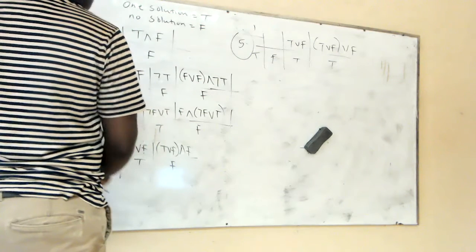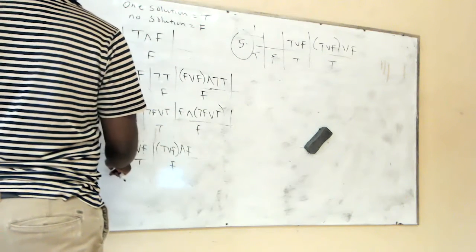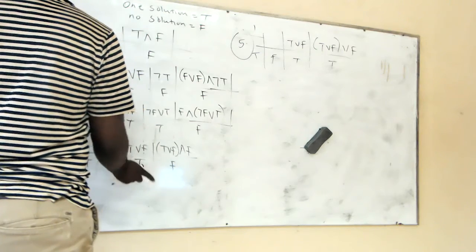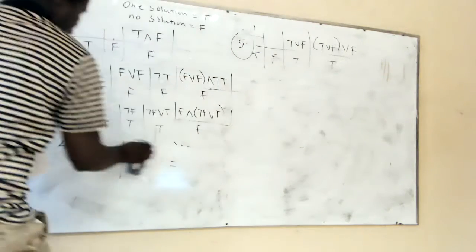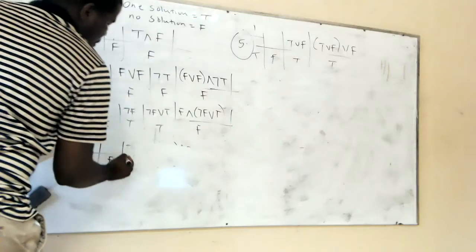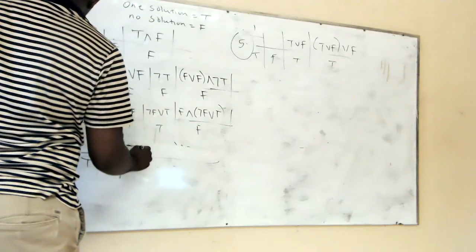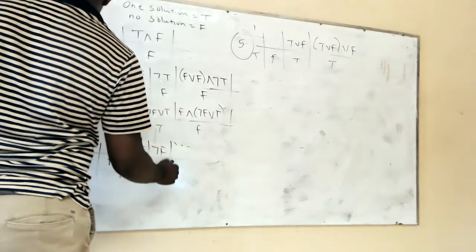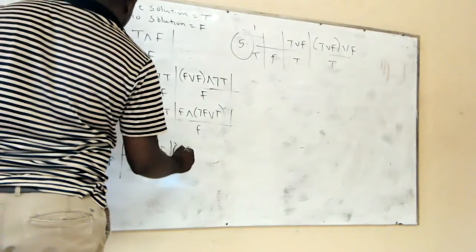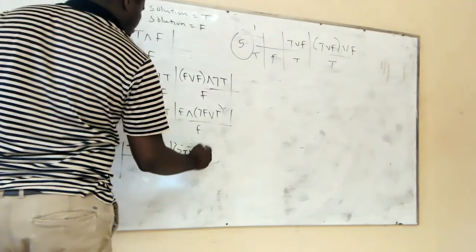And then for option 4 is not true. Do we have an option for not true? No, so I have to take it from option 4. So we're having not true and then not false. And then from the conjecture of not true or false.